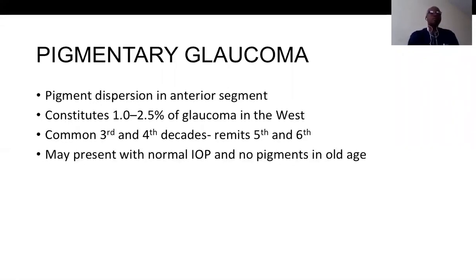Usually, they will require medical treatment for IOP control, and then they respond also to laser trabeculoplasty, and some of them will eventually need surgery. So they require close follow-up and active intervention as at when required.